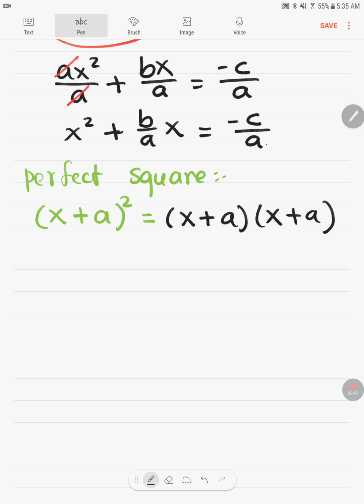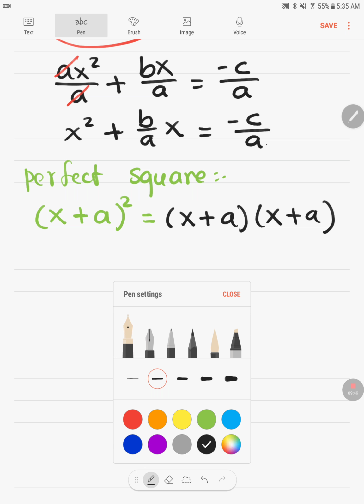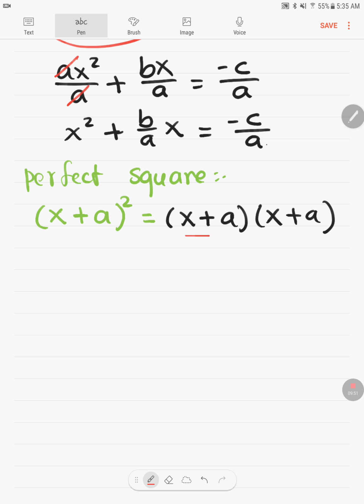So if we multiply this out, we will multiply, let's say, the x by this quantity, and then the a by that quantity, and we add them together.